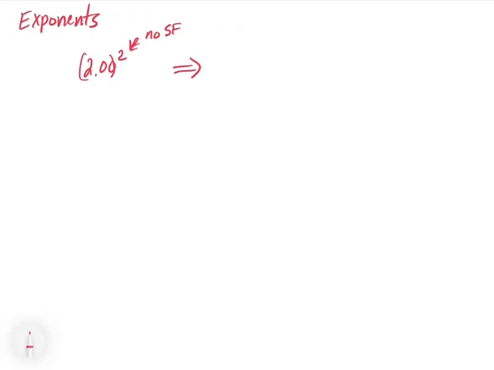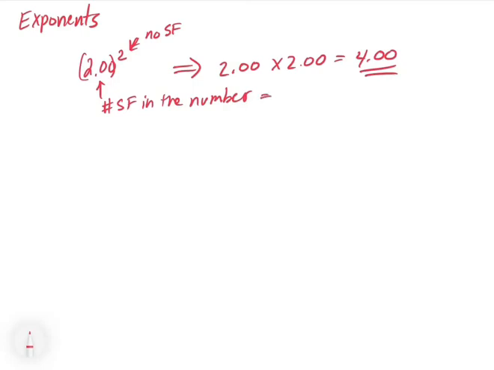We don't count the squared. Really, the way that you can think about this is like saying this is 2.00 times 2.00. So this is going to equal 4.00. So whatever the number of significant figures is in the number is going to equal the number of significant figures in the answer.